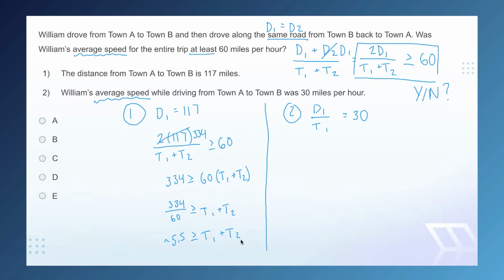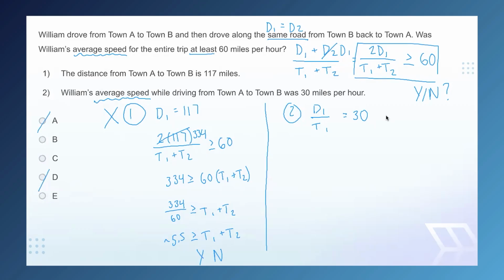Well, maybe. We have no idea what the values of T1 and T2 are. They could be, say, 2 and 1, and the answer would be yes. But they could also be 2 and 4, and the answer would be no. So this one is definitely insufficient. We can safely rule out A and D.